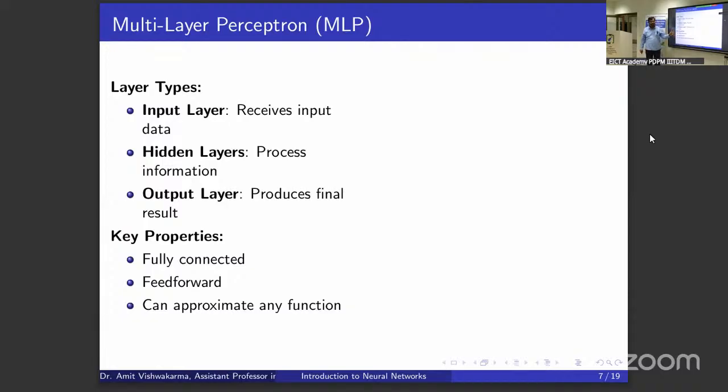What are the properties? Properties are fully connected. Now, we will see all these things one by one. See, a fully connected, feed forward network can approximate any function. Can approximate any function means, if my decision boundary is like this, this is class 1 samples, below here class 2 samples.